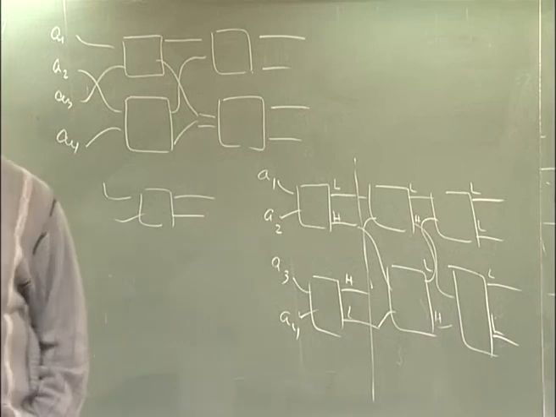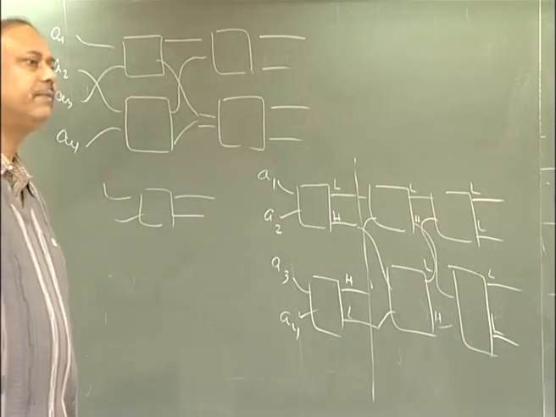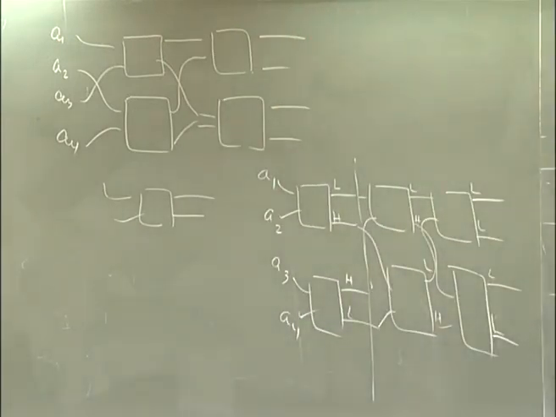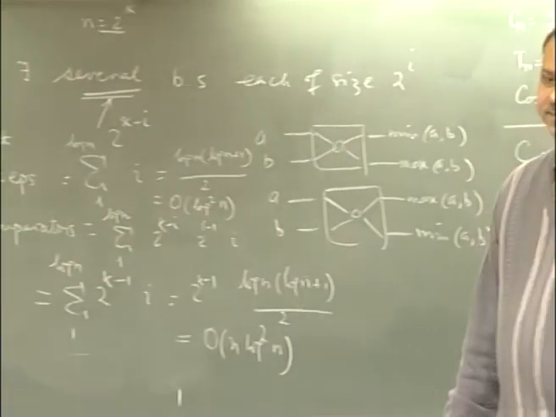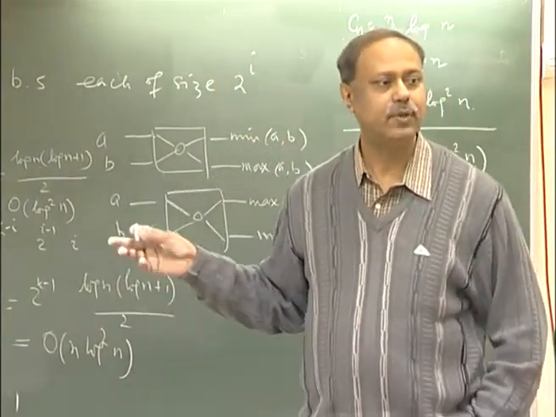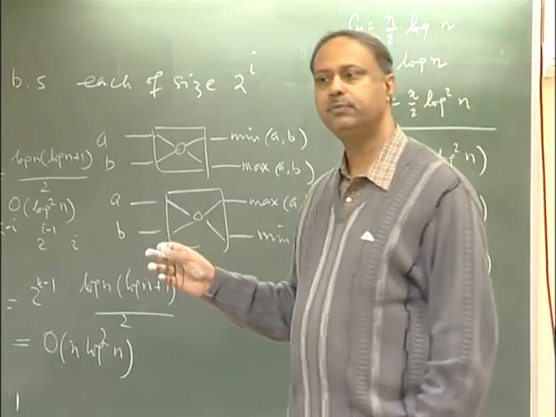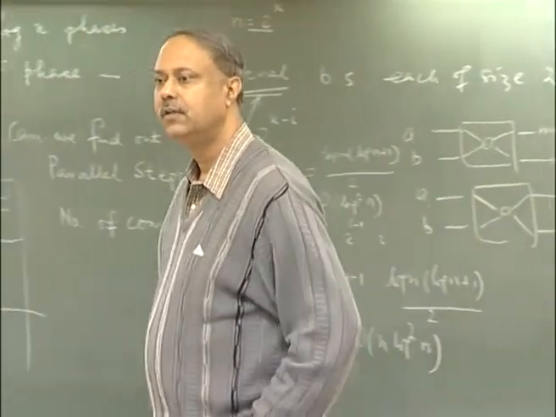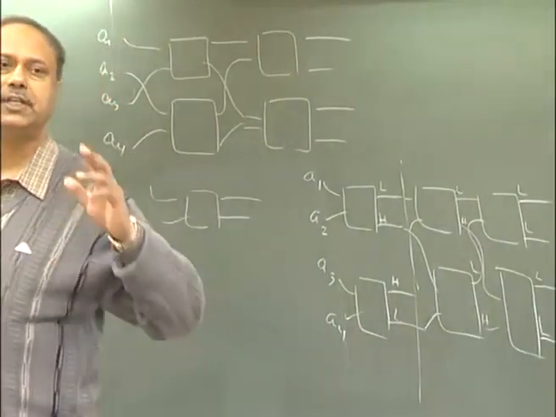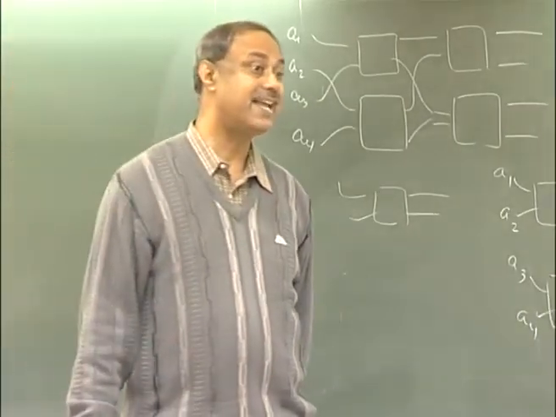Now, if you compare this with the odd even merge technique, you will find what? Is it the same number of comparators? Sure? Or fewer comparators? Order-wise it is the same, but you are using more comparators. In odd even merge, you do the odd even merge netting plus n minus 1.